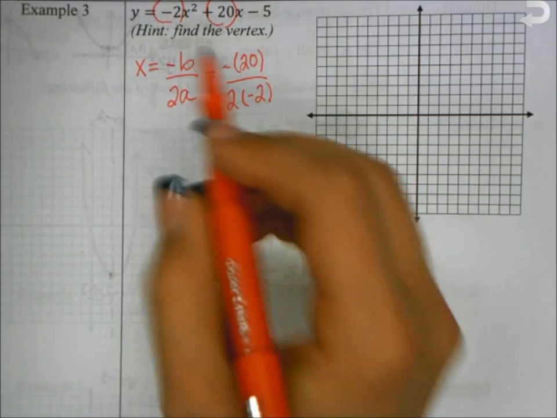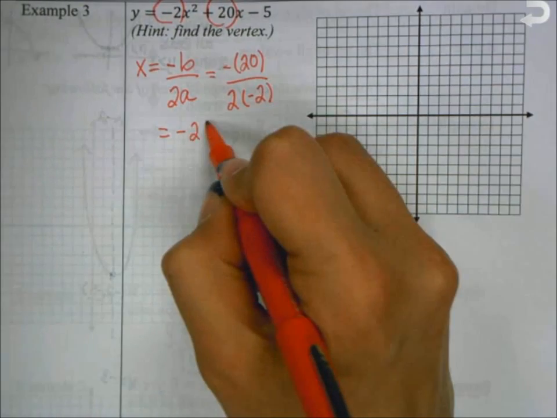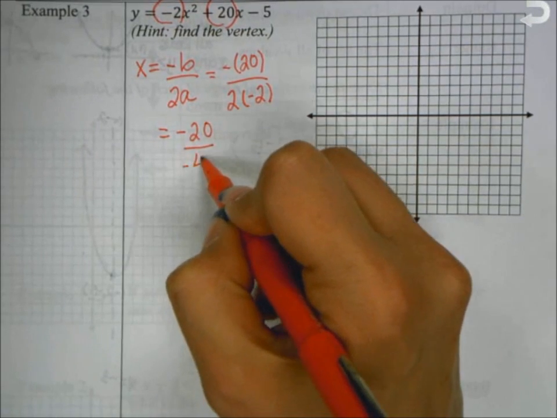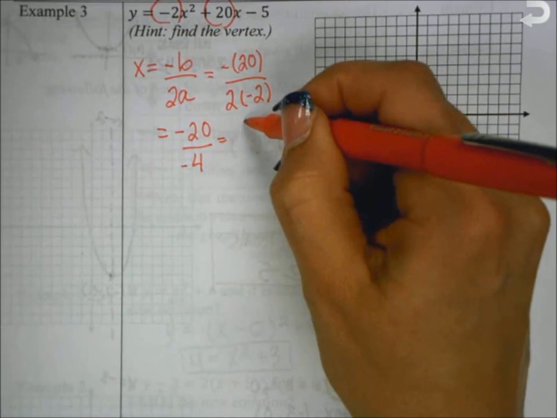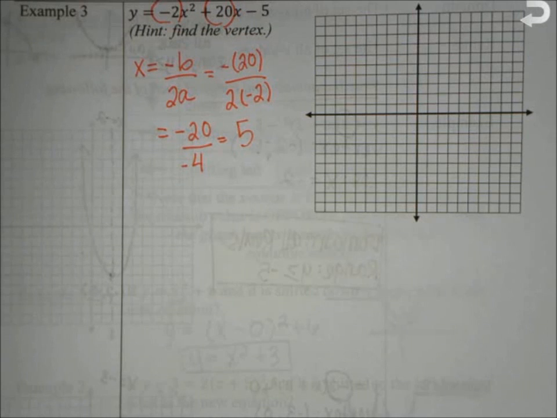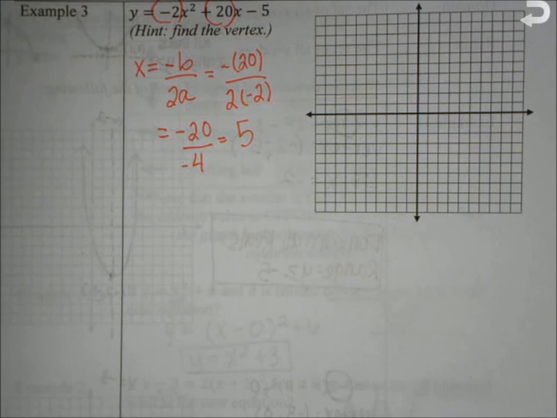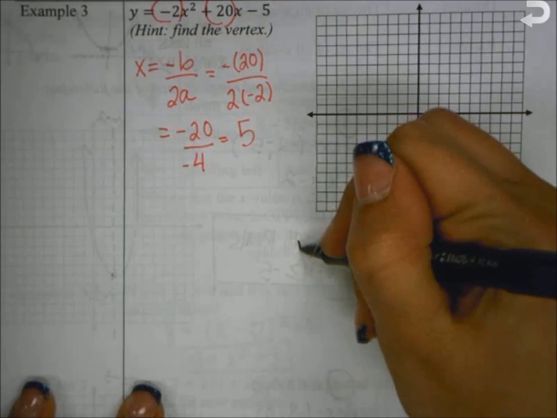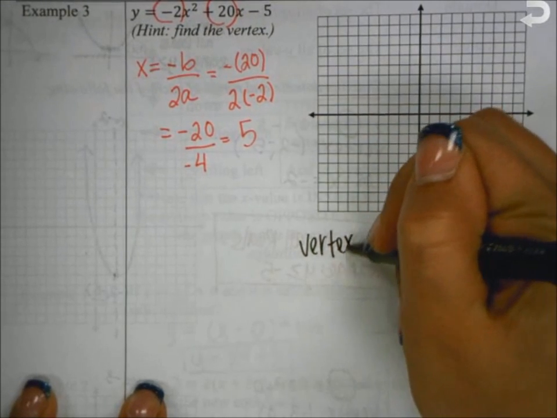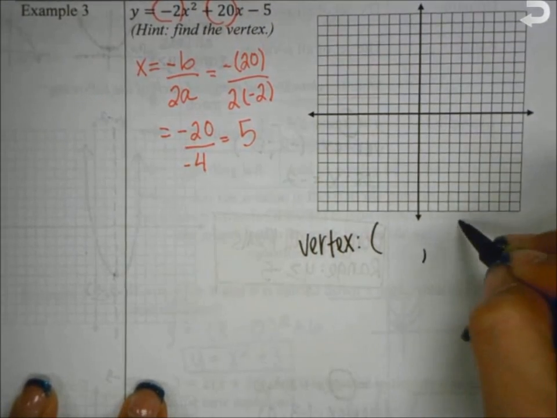So in my vertex, write it off to the side. My vertex, which I know has to be a point, I already know the x value, right? It's 5, so I'm going to fill it in right now. Okay, how do I solve for the y value? Plug 5 in.